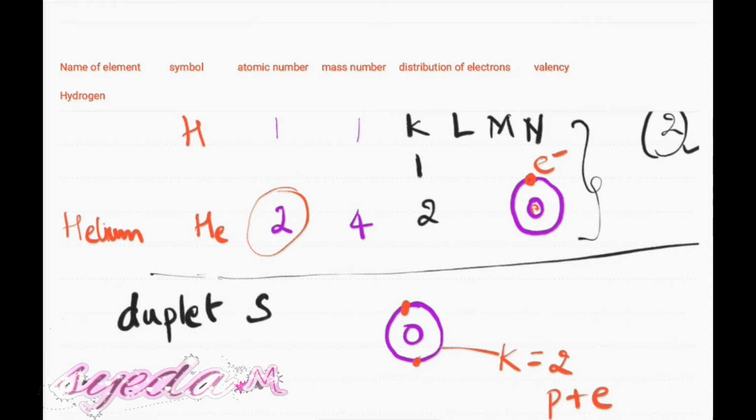Duplet state means if it has just 2 electrons, it is stable. The outermost shell should be full. The maximum capacity of the K shell is 2, therefore the full 2 electrons are present in helium. Therefore helium is a stable gas, a stable noble gas.